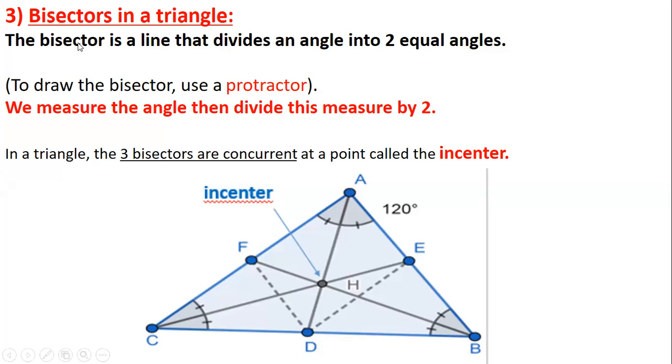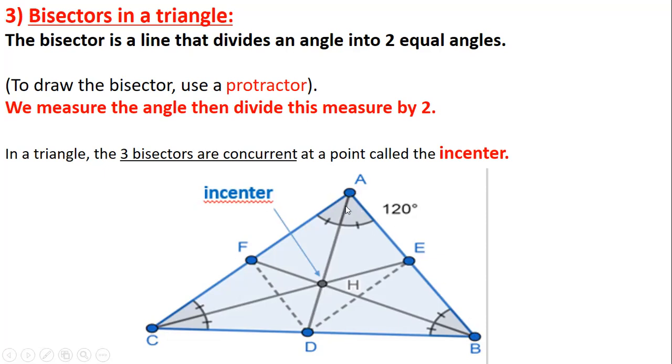So to draw the bisector, we draw it for the angle. To draw a bisector, we use a protractor. We measure the angle, then we divide the measure by 2. Suppose I have angle CAB.